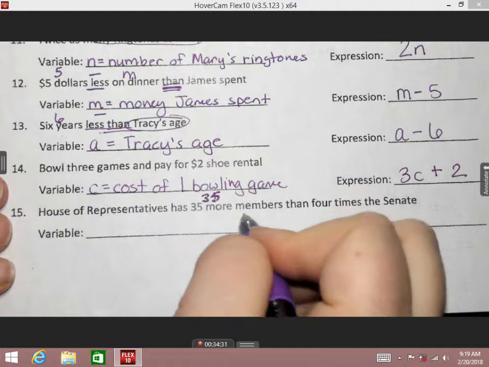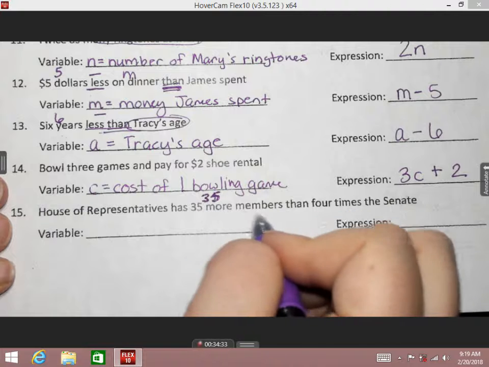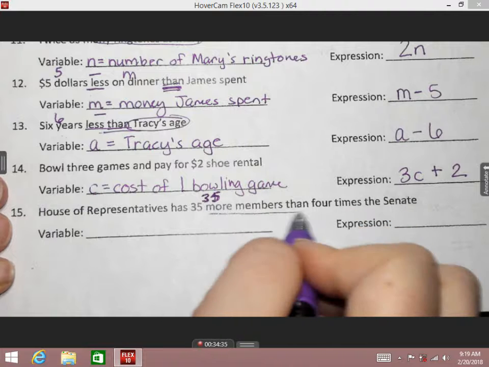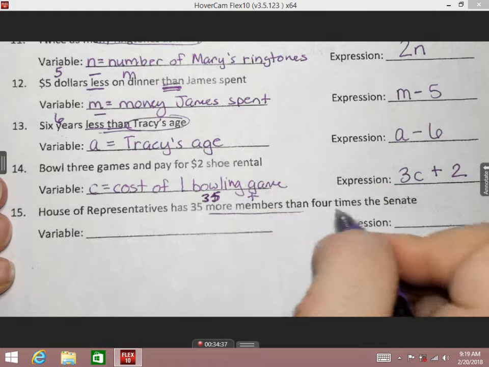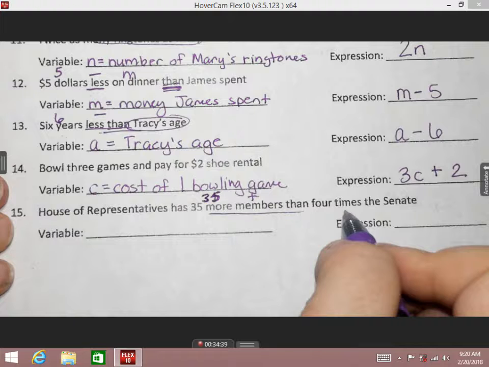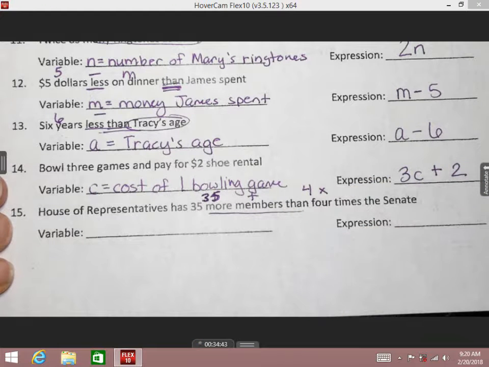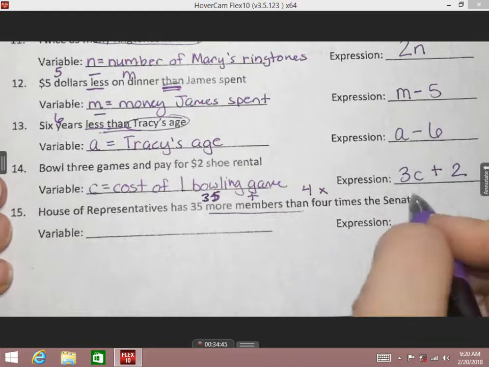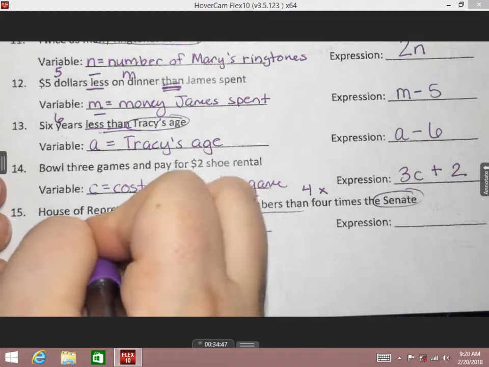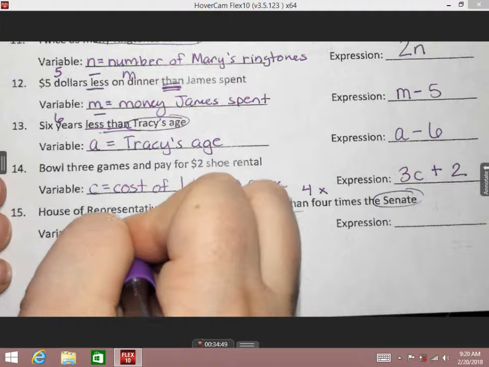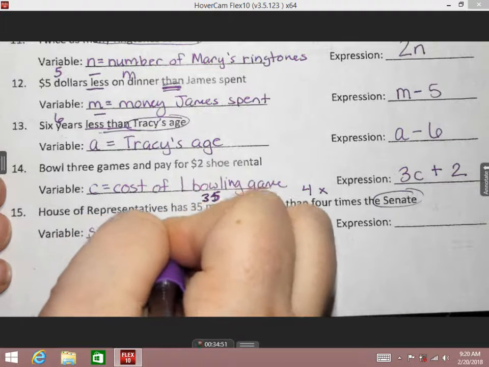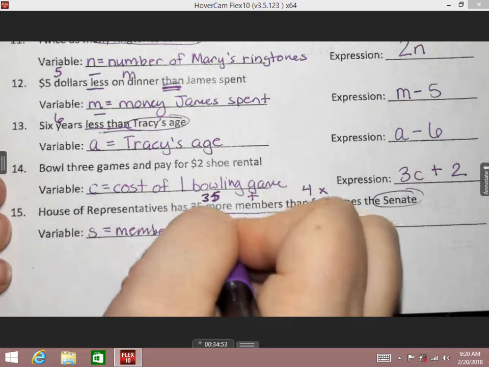What does that mean when we say more than? What operation is more than? Plus. 4 times the Senate. Do I know how much the Senate has? So that's the information we're missing. So I'm going to use S for members of the Senate.